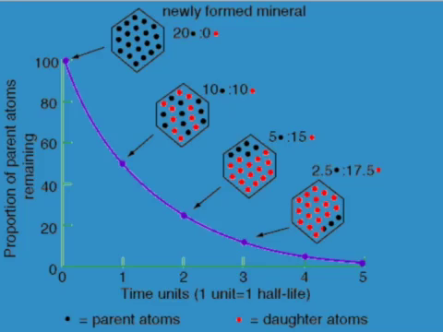At the second half-life, another 50% decays. So now if we had 10, we're going to now have 5 parent atoms left. At the third half-life, we have another 50% decay. So 5 divided by 2 is 2.5. So every time, it's 50% from the previous half-life.